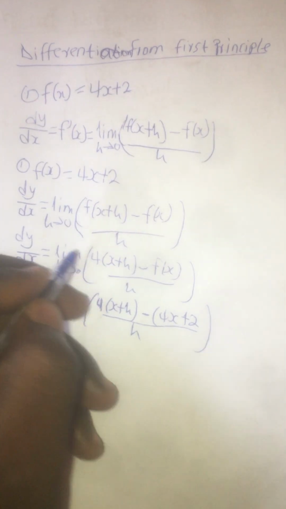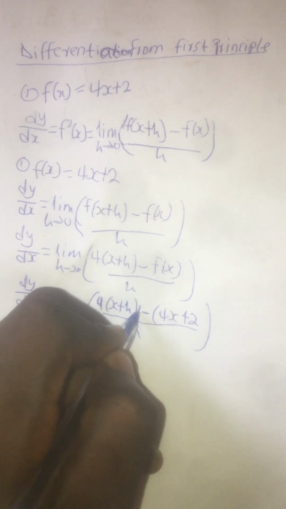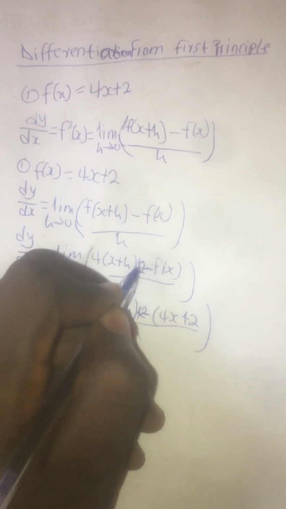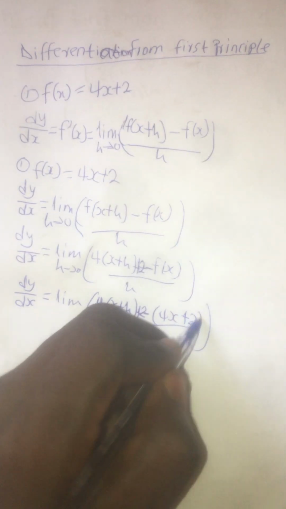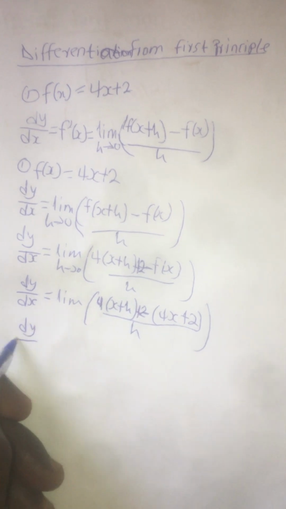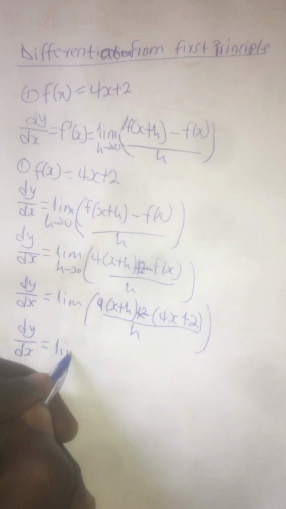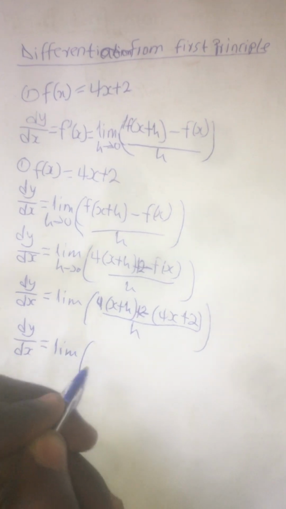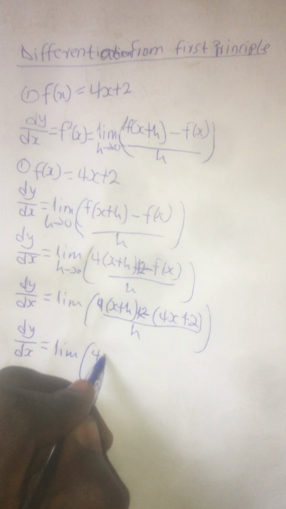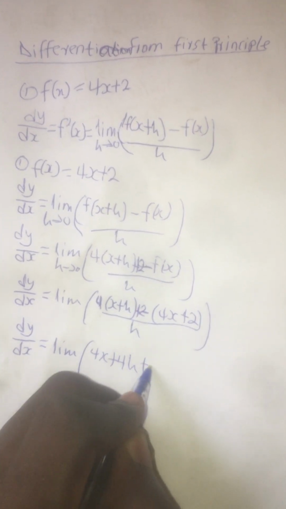So with this, we are supposed to bring in the 2 plus 2. So that is it. Our dy over dx will be equal to the limit of, as we are multiplying, 4x plus 4h, we are expanding the bracket, plus 2.